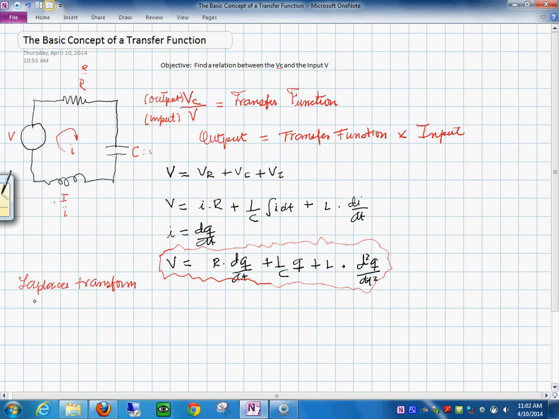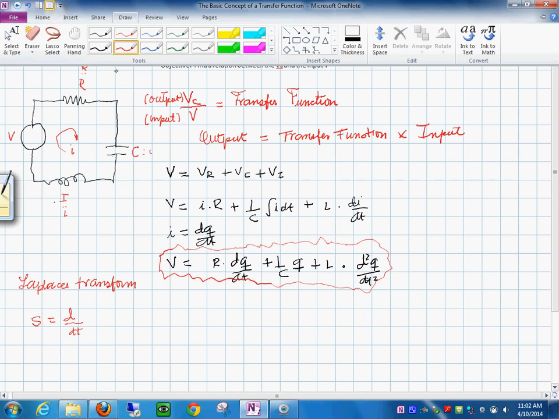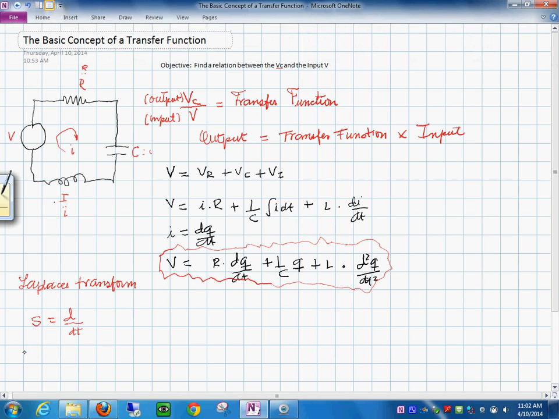The Laplace operator says that s is equal to the derivative, d dt. So if you have dx dt, it is going to be s, the operator, times X of s.